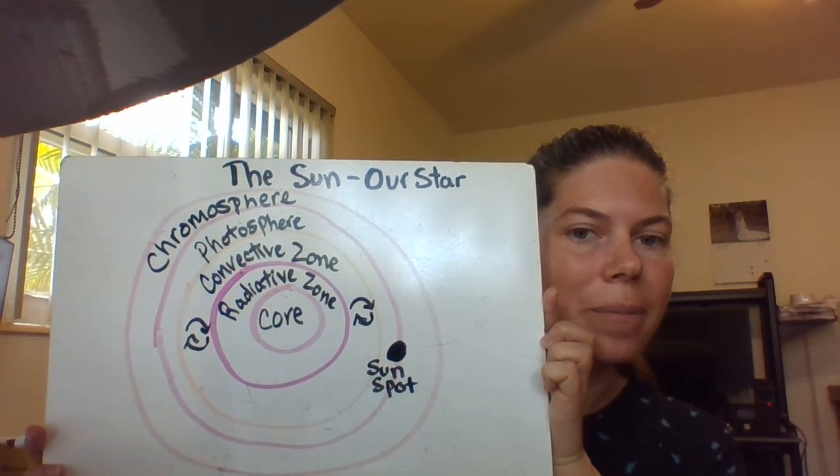You can write that down if you want. And after the chromosphere, we have the corona, right? You guys have heard of coronavirus? Corona means crown. So we call it the corona because it's like the crown of the sun. It's the outermost layer. So I'm going to fill that in, corona.